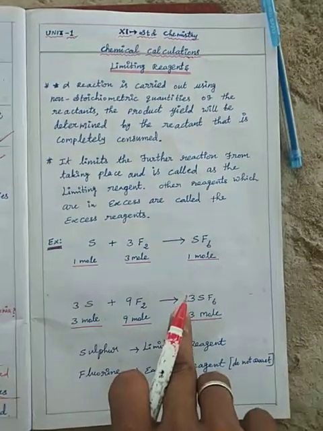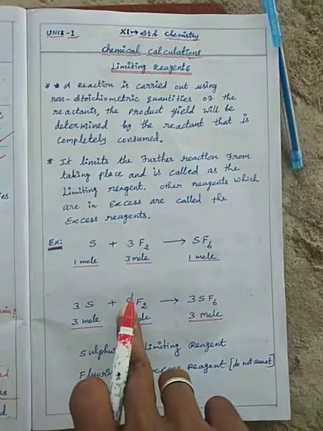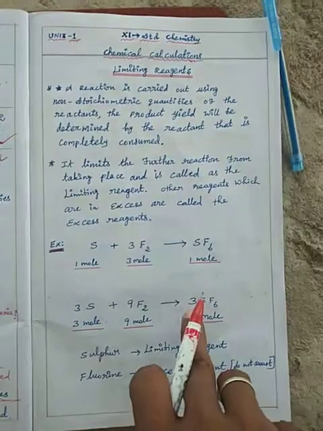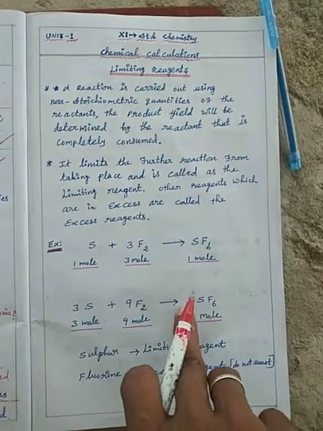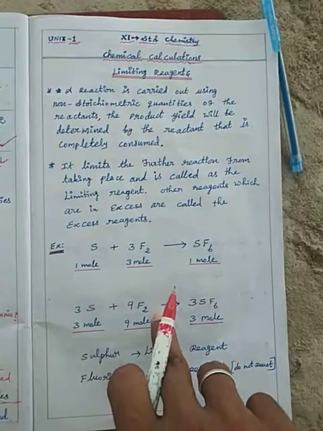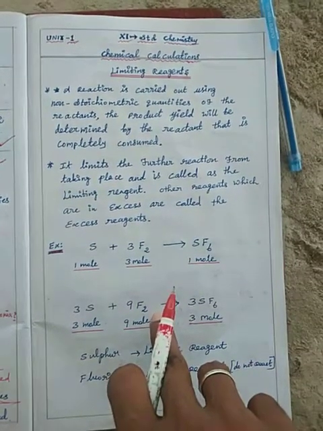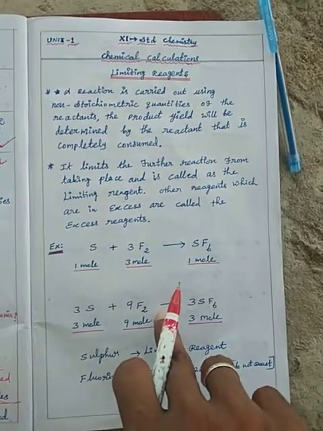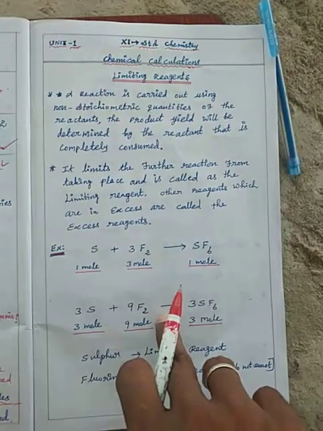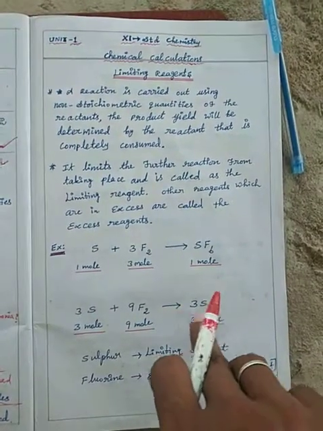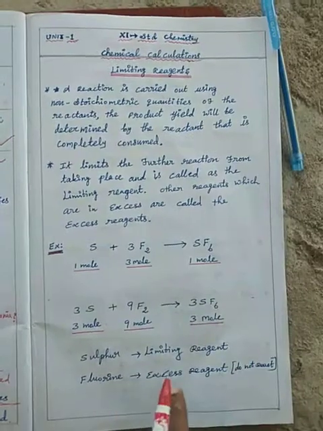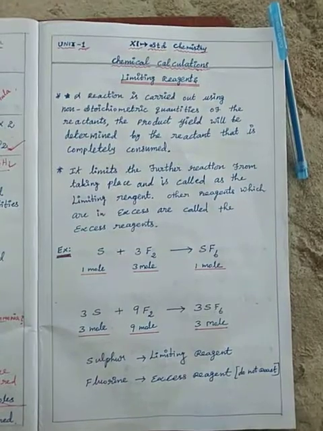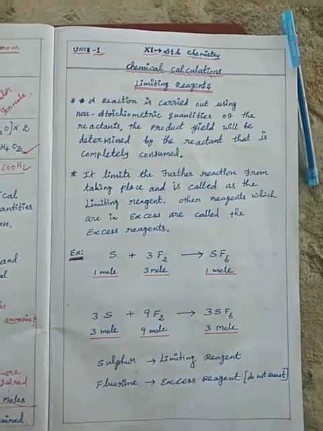Compared to that, fluorine is in excess: 9 moles of fluorine are used and the remaining amount is in excess, based on the reactant part. 12 moles of fluorine are reacted. So the excess fluorine is called the excess reagent, and the one that does not allow further reaction is called the limiting reagent.